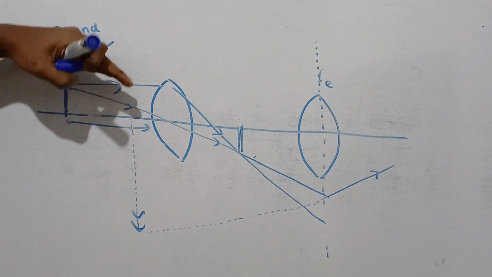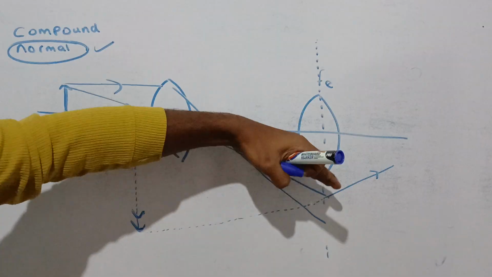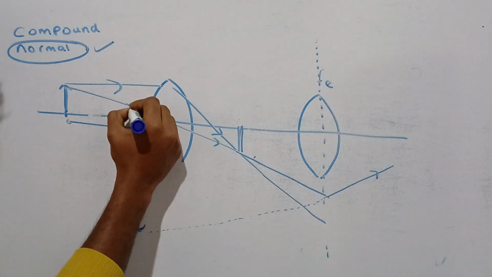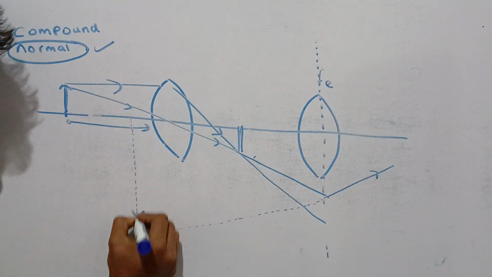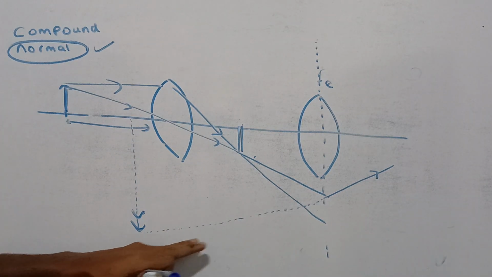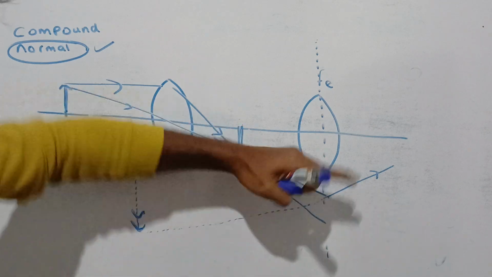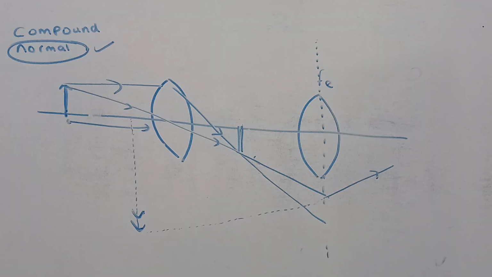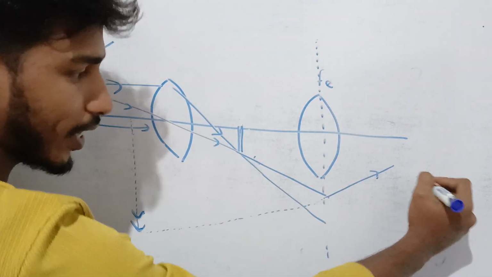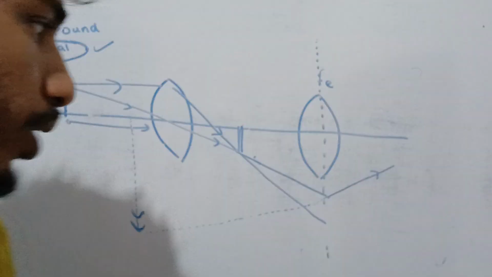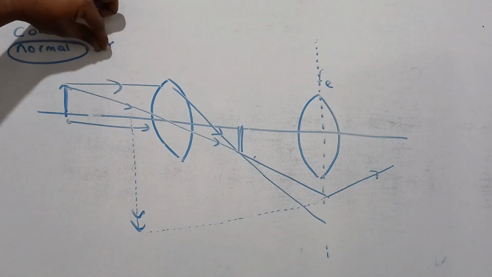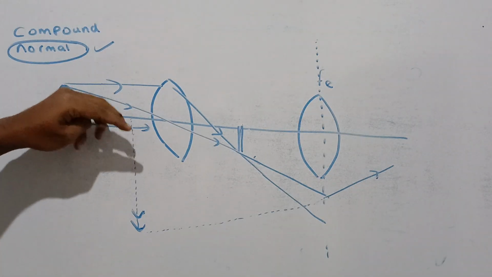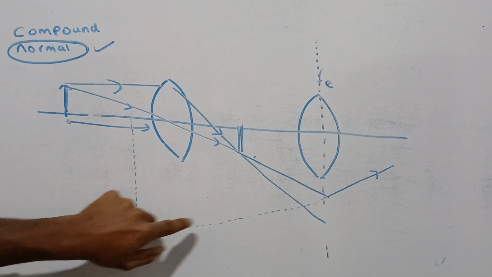So there was this ray, which is subjected to the eyepiece. I have already drawn my final image, so I just connected the dotted line towards that ray and bent the ray according to the dotted line. This is the most key point you should understand. Instead of deviating it and then finally getting the image, the best thing you can do is, since in normal adjustment the image is at the least distance of distinct vision, just place a virtual image there and deviate the ray according to the dotted line.